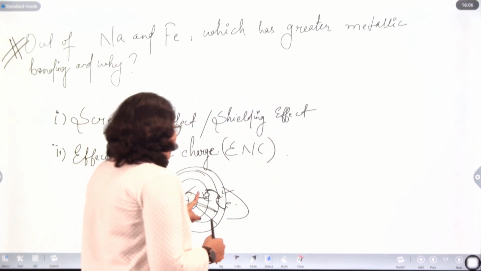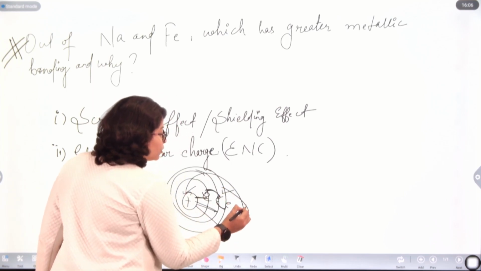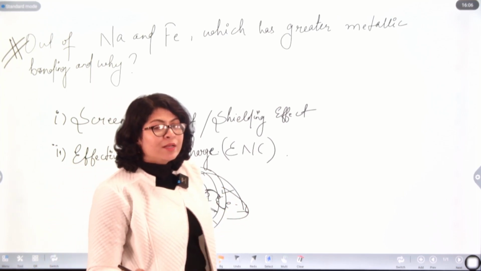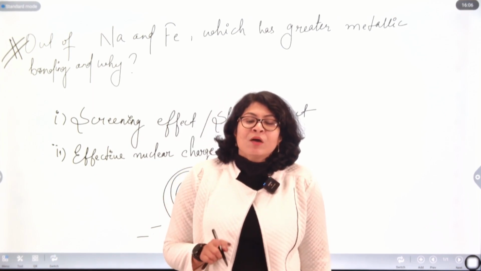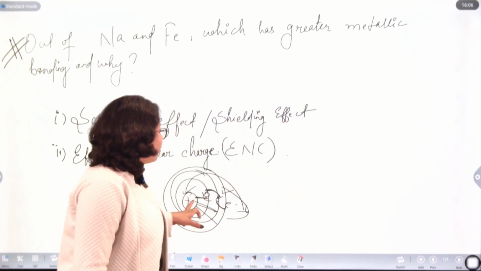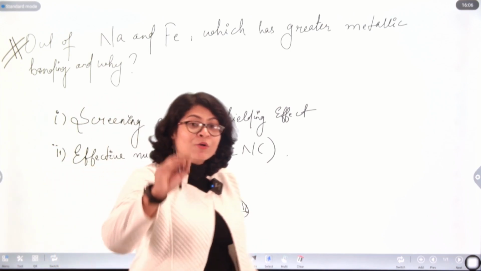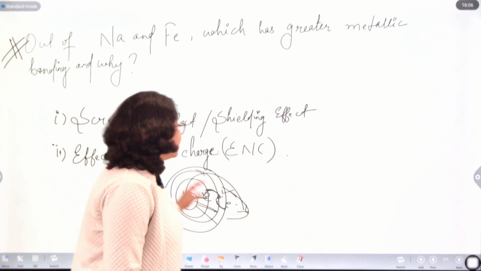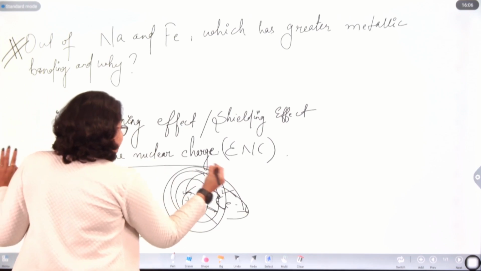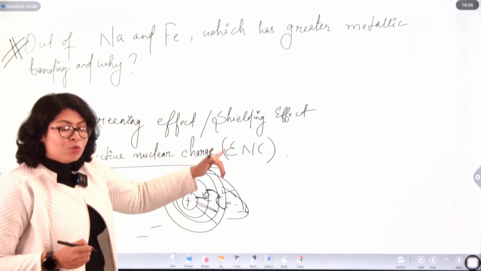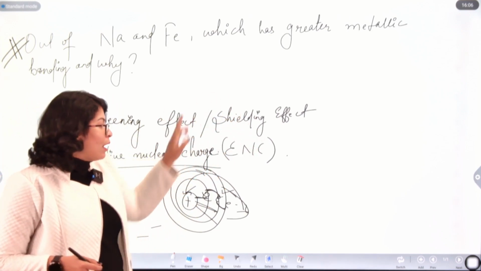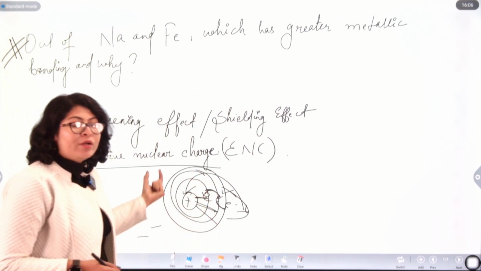The nuclear force with which the nucleus was about to attract that electron will decrease. Now the amount of nuclear charge which is actually falling on the outermost electron is called the effective nuclear charge, and it is dependent upon how many electrons are present on its way.